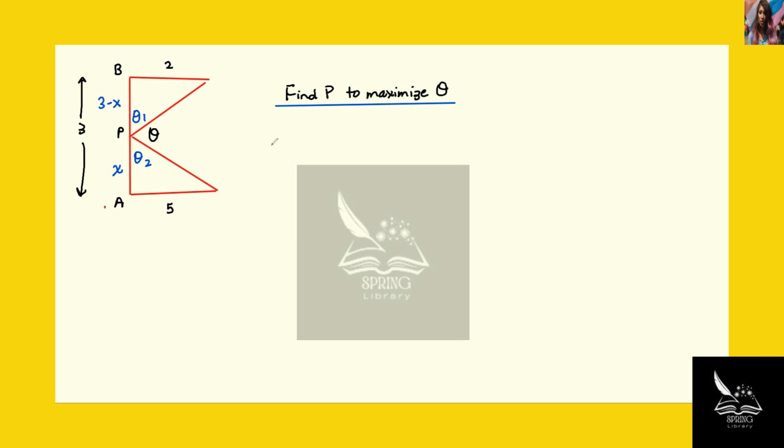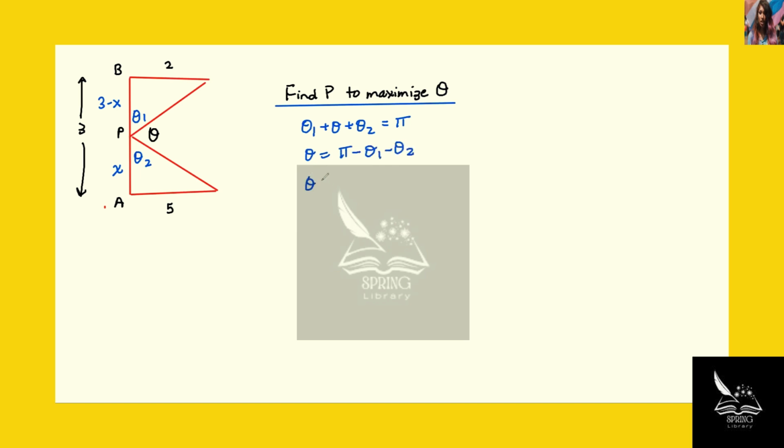Okay, so I have a straight line between P, B, and A, so I know that the angle there is 180. So I know that theta 1 plus theta 2 needs to equal 180. I'm going to use radians, so I'm going to say equals pi. So theta then is pi minus theta 1 minus theta 2.